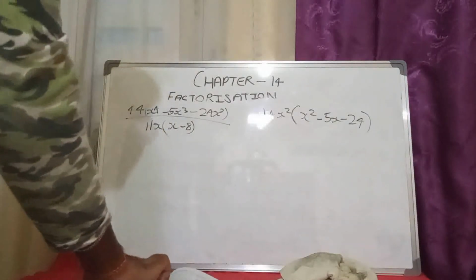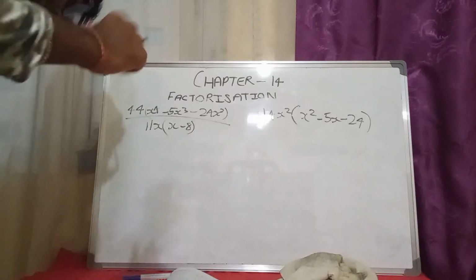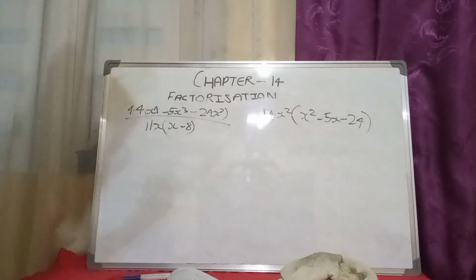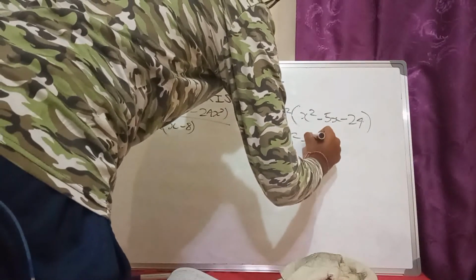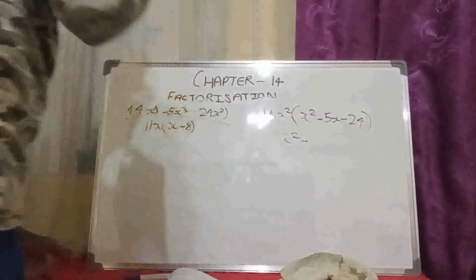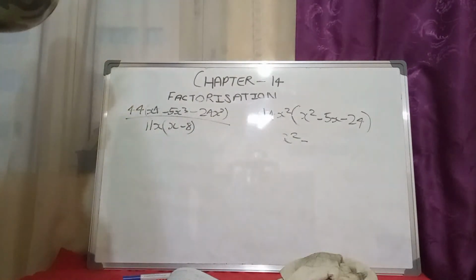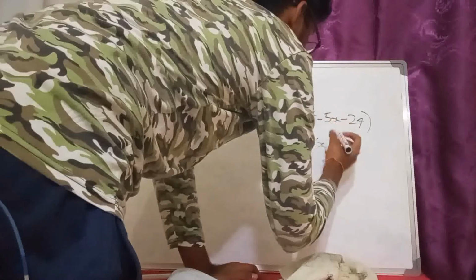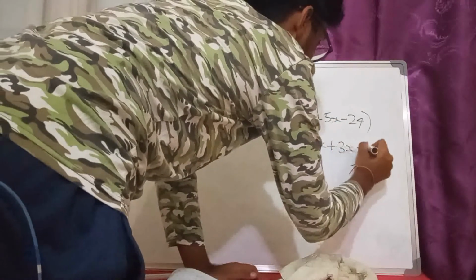Now we'll use the fourth identity. For x square minus 5x minus 24, we take out the factors. The factors will be 8 and 3. So we write x square minus 8x plus 3x minus 24.